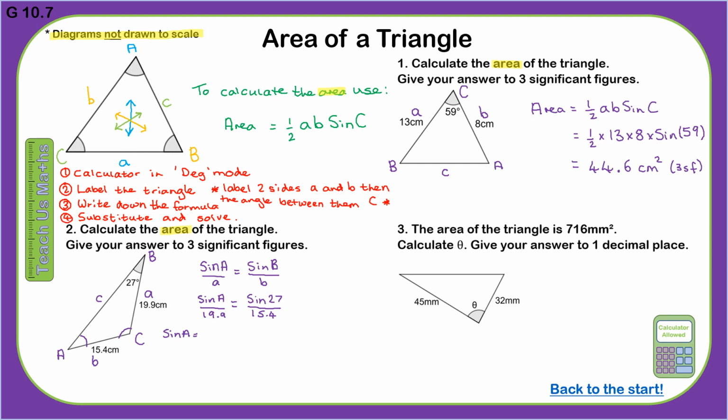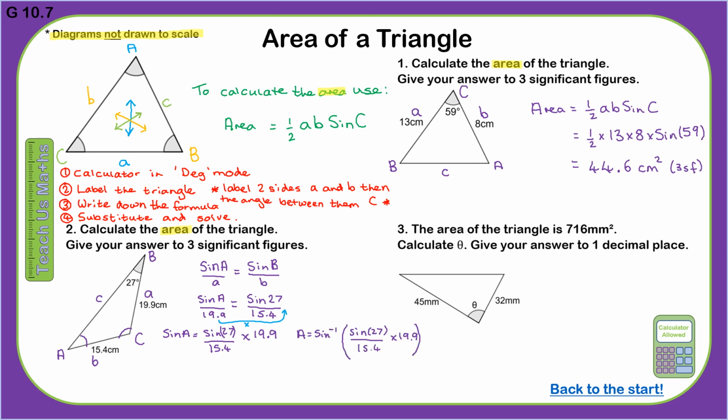Sine A is equal to sine 27 over 15.4 multiplied by 19.9. So A is equal to the inverse sine of that answer.